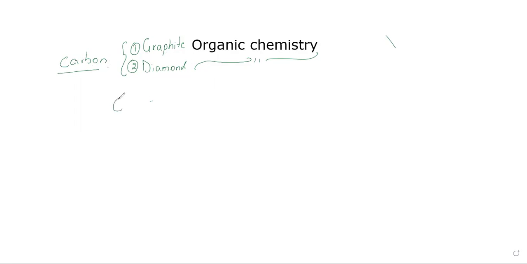We set carbon as 6, the mass number is 12. It has 6 electrons. There's 6 protons and 6 neutrons.